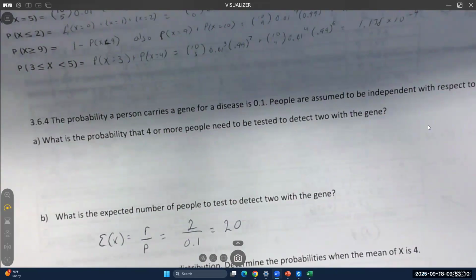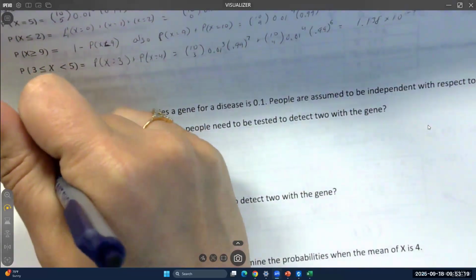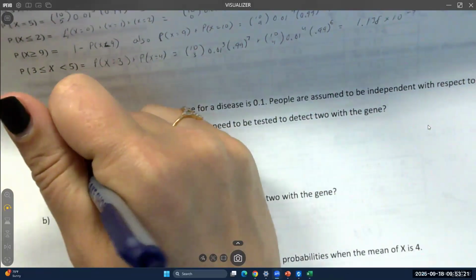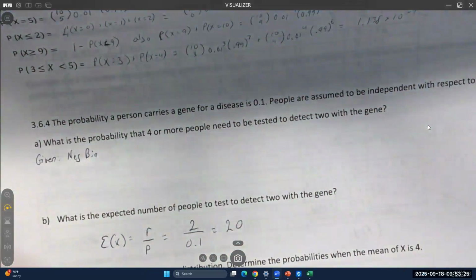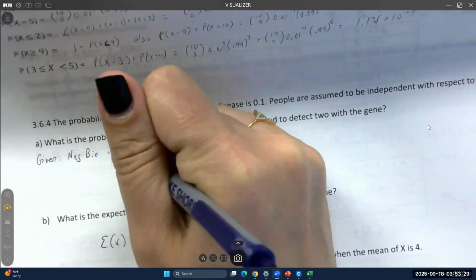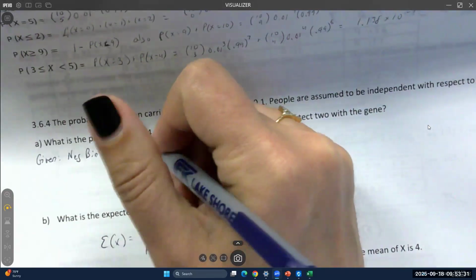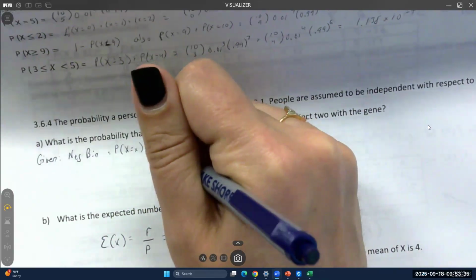It's kind of interesting comparing the expected value or the probability. So probability of 4 or more. Our given statement here, we know that we are working with a negative binomial. So we know that our formula is that the probability that x is equal to a certain value is going to be equal to x minus 1 over r minus 1.